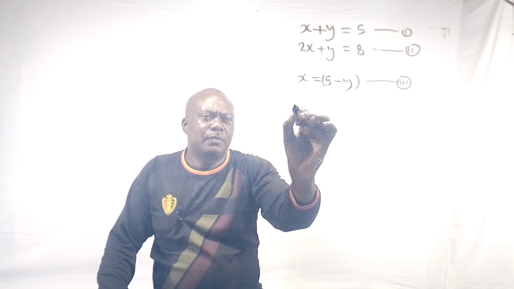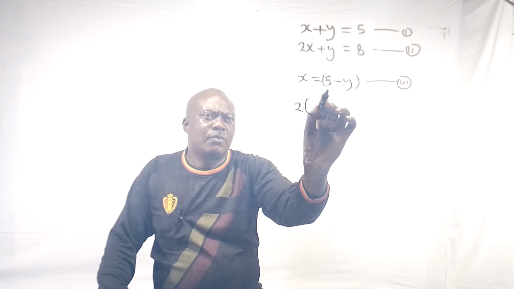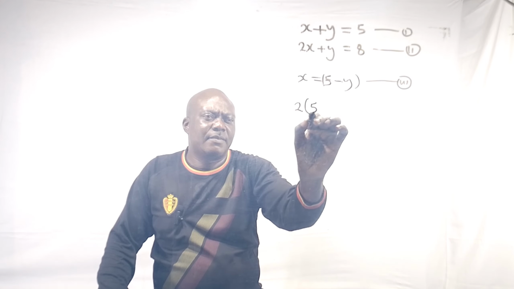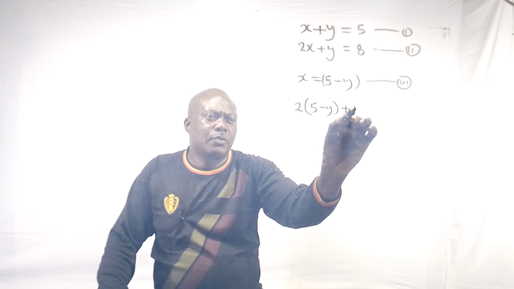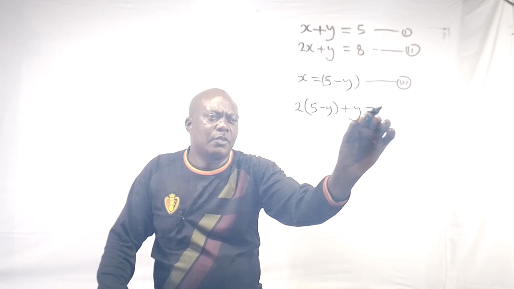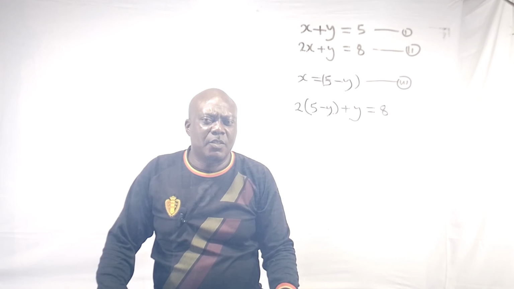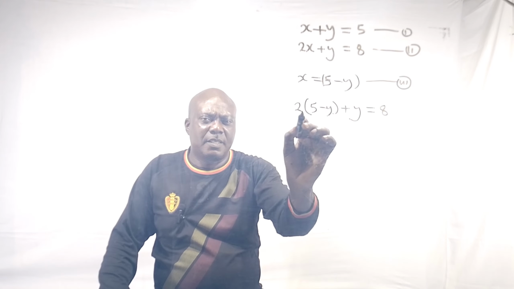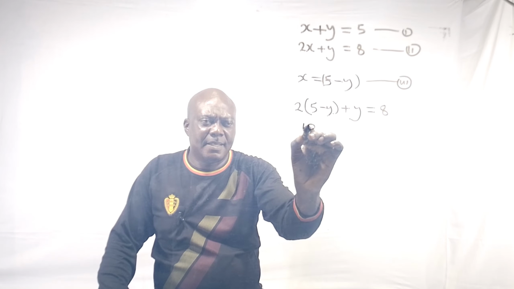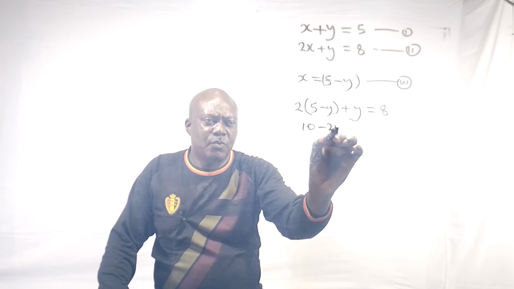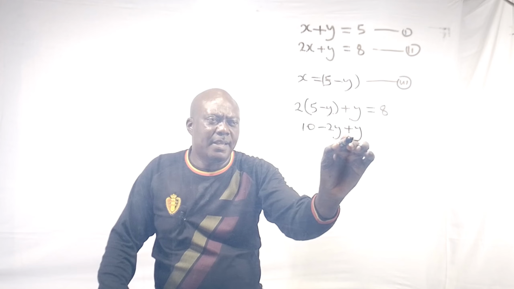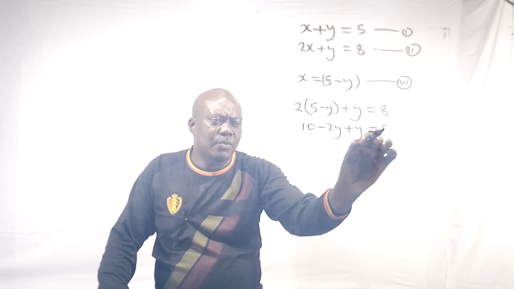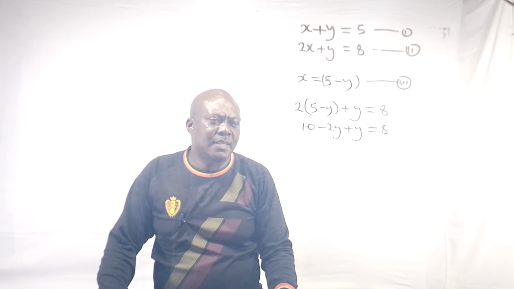So it becomes 2 into x, that is 5 minus y, plus y equals to 8. So you simplify. This will give us 10 minus 2y plus y equals to 8.